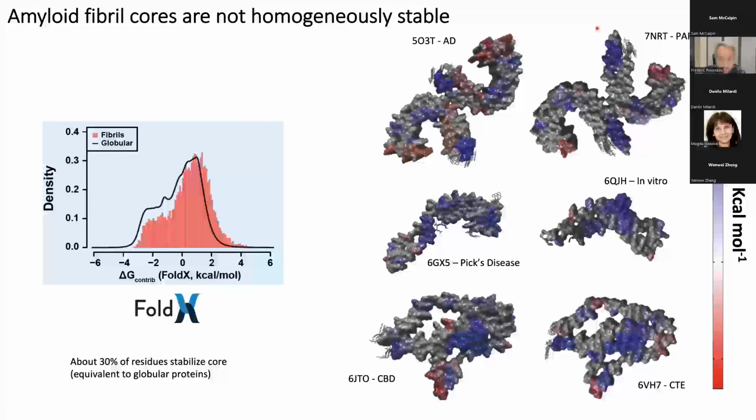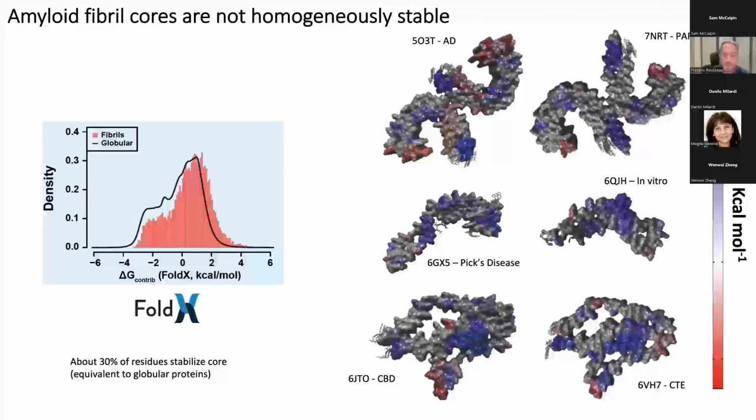The first thing you can see immediately is that, in fact, not the entire amyloid core is homogeneously stable. You have regions that have a sort of neutral contribution to the thermodynamic stability of the fibril. You have some that are stabilizing, and then you have others that are really not happy in this conformation.